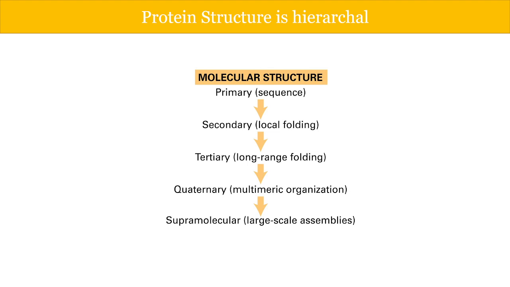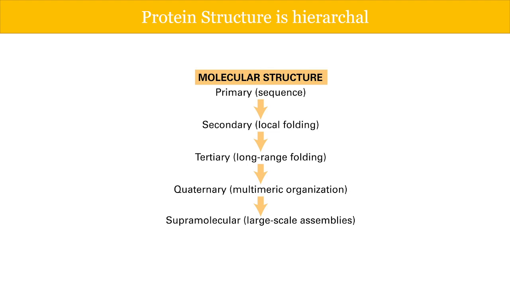Then comes the secondary structure, where we have the local folding of the residues, giving us mostly alpha helices, beta strands, beta turns, loops, etc. Third is the tertiary structure, where we talked about the domains and the motifs, like two or more secondary structures coming together to give us a tertiary structure. That's the long-range folding. And then, when we get three-dimensional structures, multiple three-dimensional structures combined together give us a quaternary structure.